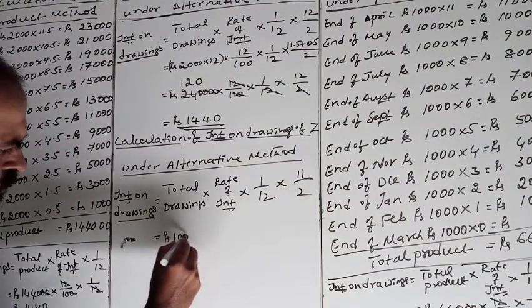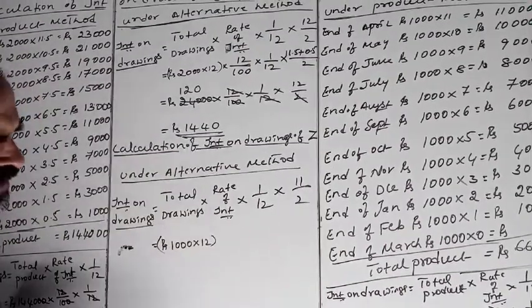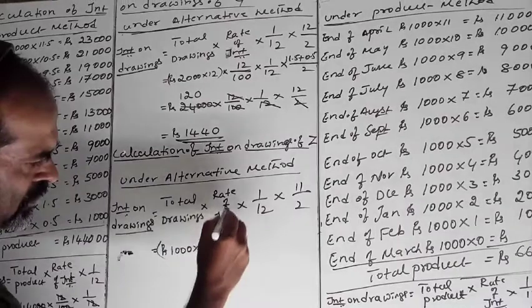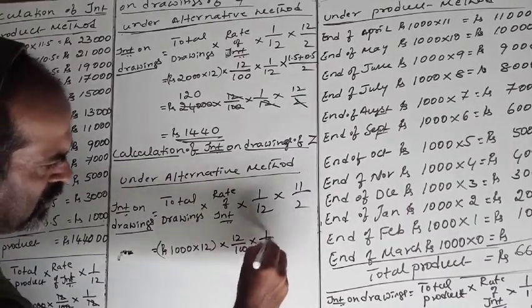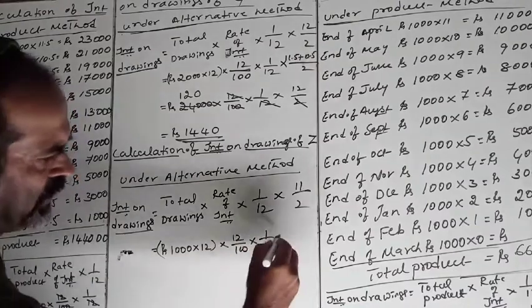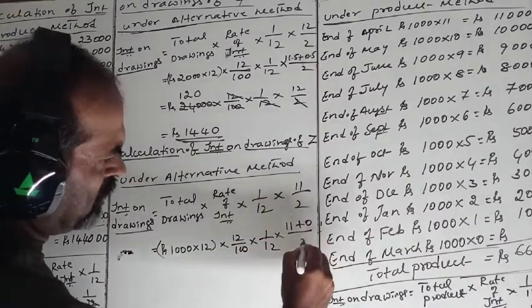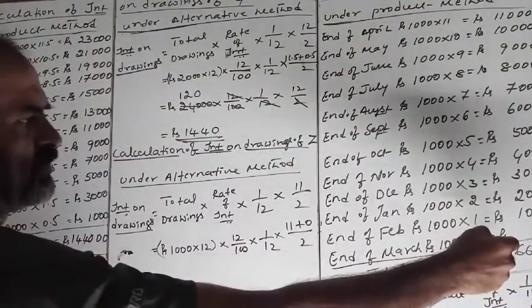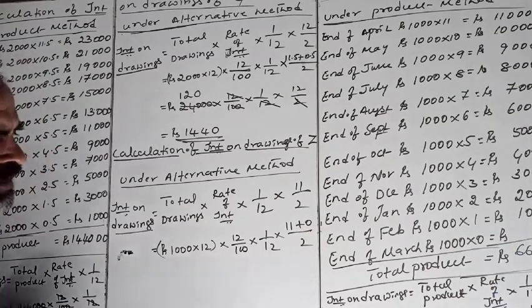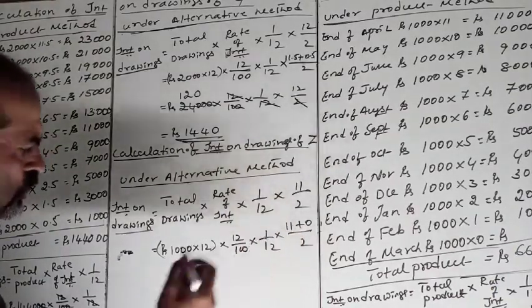The 1000 rupees withdrawn by the partner all 12 months. The rate of interest is 12 by 100. 1 by 12 is the common factor. How does 11 come? 11 plus 0 divided by 2. The maximum number of months is 11. The minimum month is 0. Therefore 11 plus 0 divided by 2.